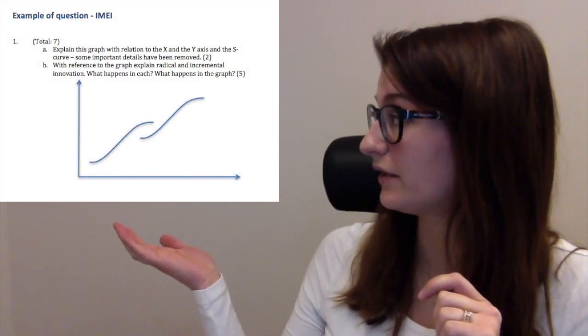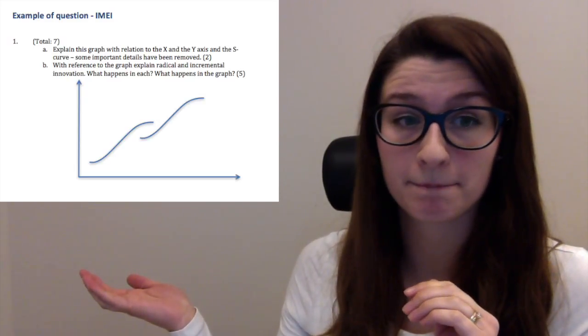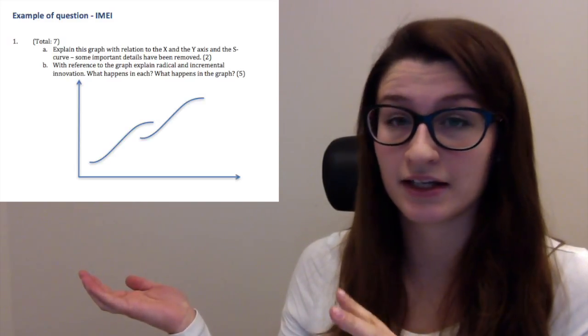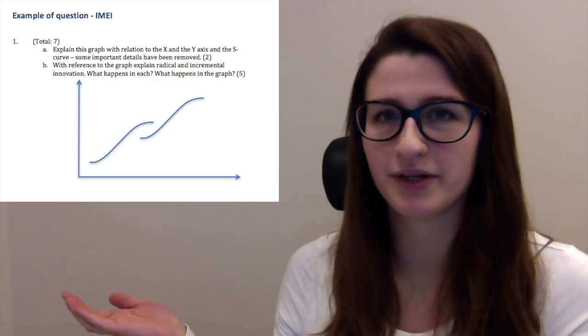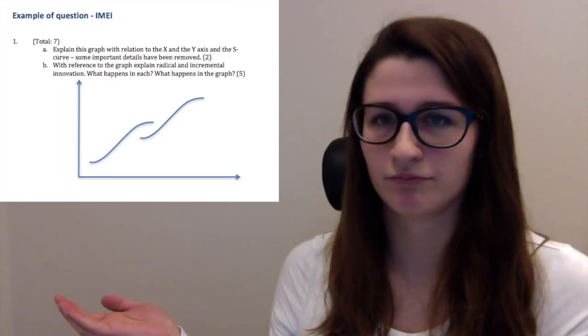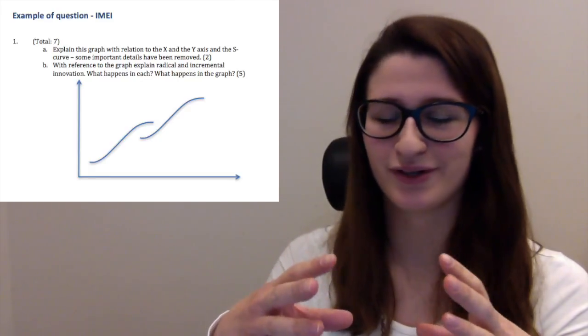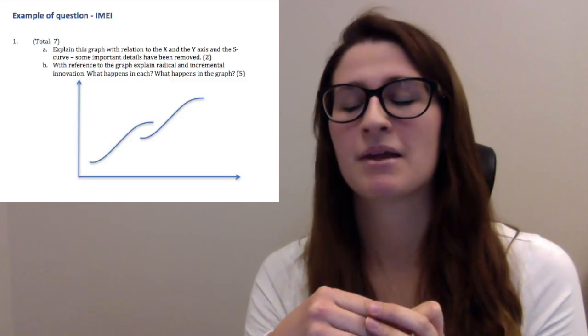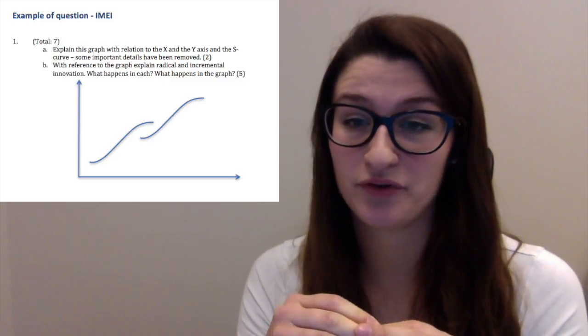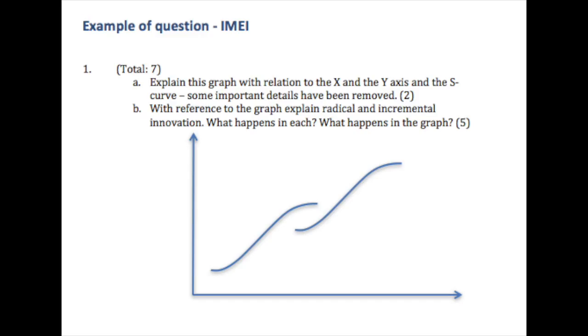Here is one example of a question, and this is a simple question that would probably be in section 3, where you can pass the exam, but you won't get 4 or 5. Here you're supposed to explain this graph with relation to the x and the y axis and the S-curve, and some important details have been removed.